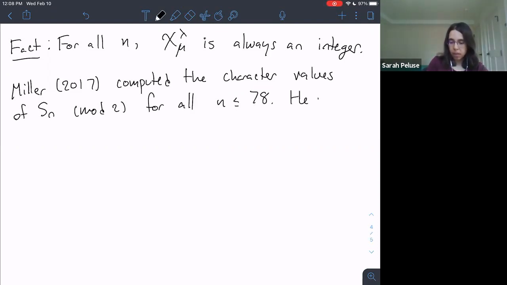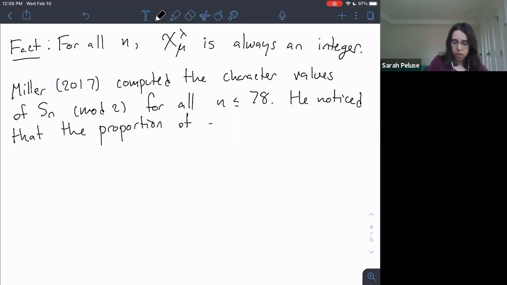And he noticed that the proportion of even entries seemed to be converging to 1.